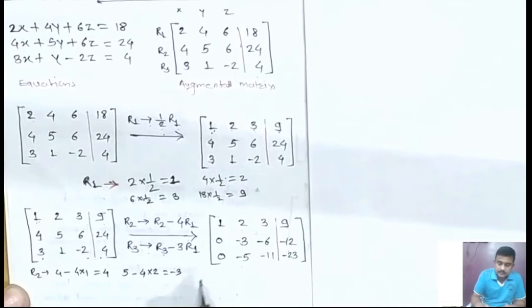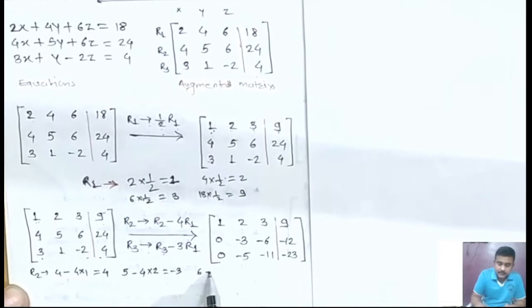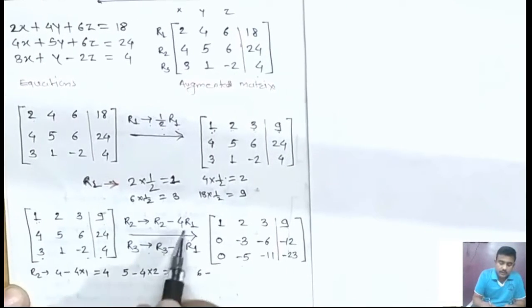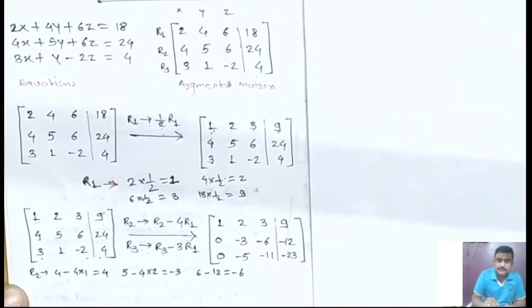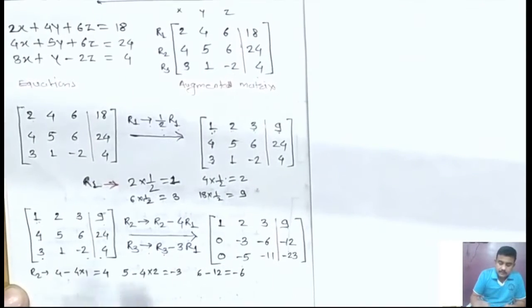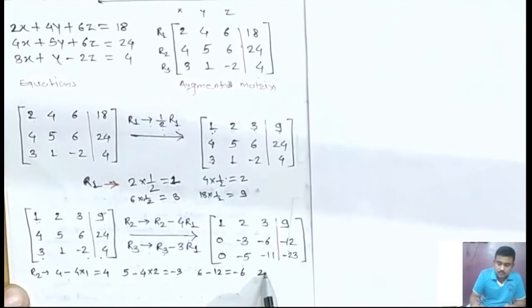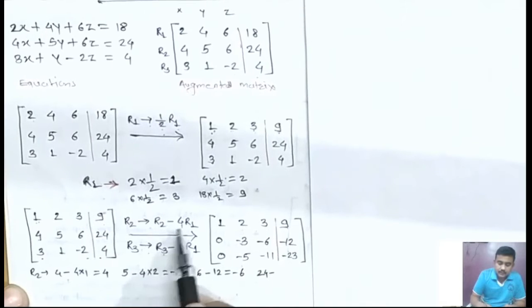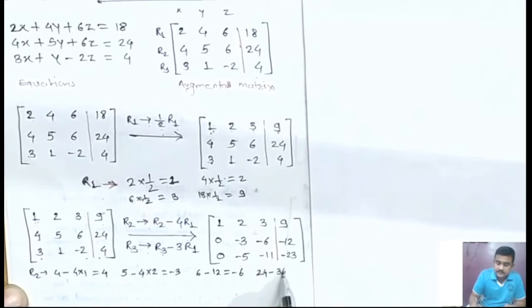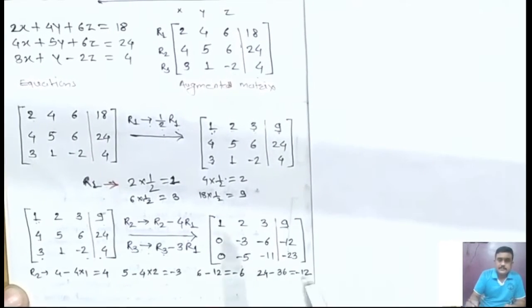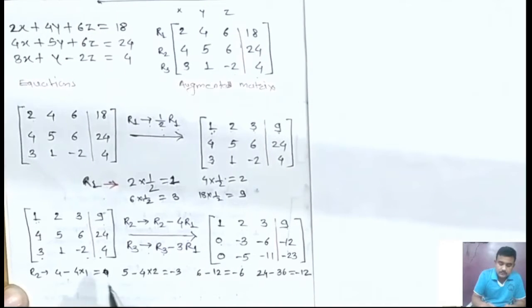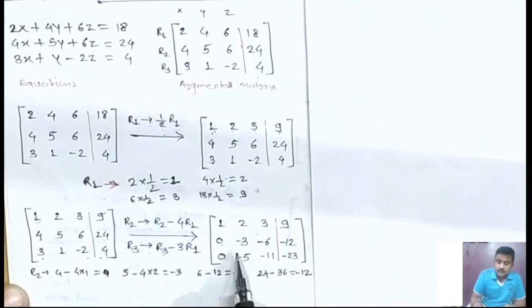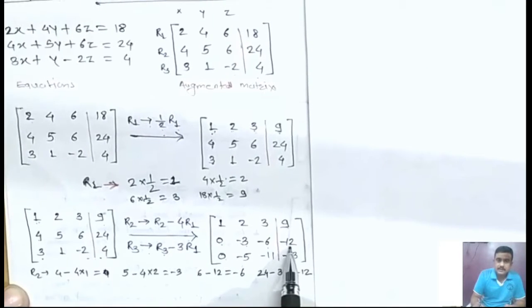Next, 6 minus 4 into 3, that is 12, the result will be minus 6. And lastly, 24 minus 4 into 9, that is 36, the result will be minus 12. That's why we get the values 0, minus 3, minus 6, minus 12.